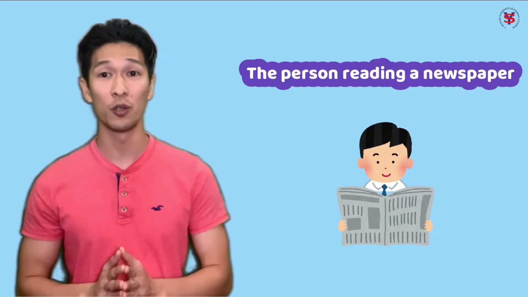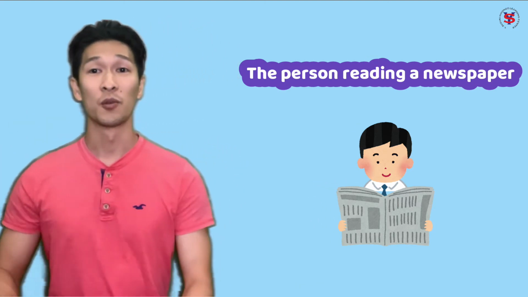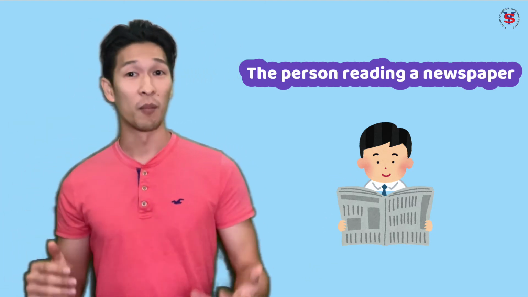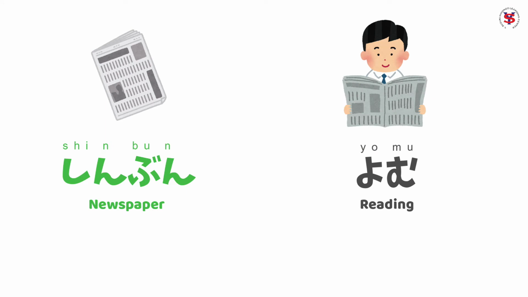Okay? Alright, another example. Let's use the sentence, the person reading a newspaper, or taong nagbabasa ng dyaryo. Sundan lang natin ang pattern. Ang modifying phrase natin ay reading a newspaper. Newspaper in Japanese is shimbun, and reading is yomu. Ito ang plain form ng yomimasu.